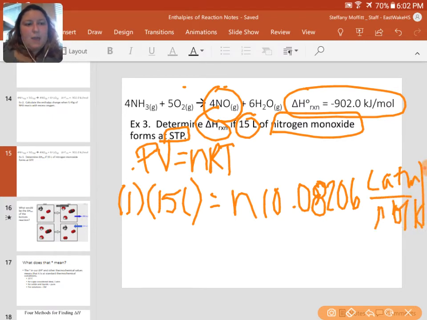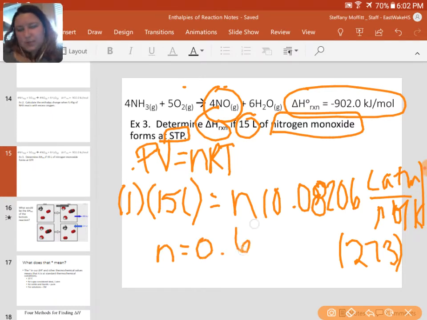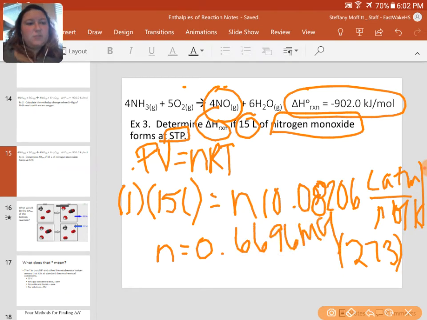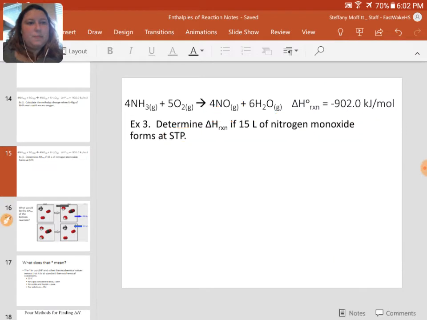And then I will use my Kelvin at STP, which is 273. I get n is equal to 0.6696 moles.